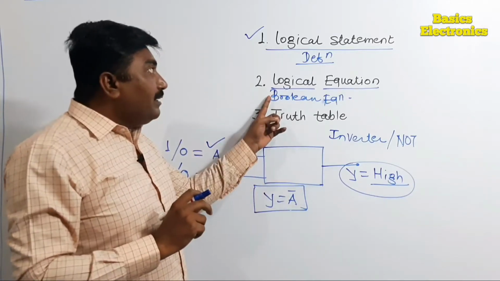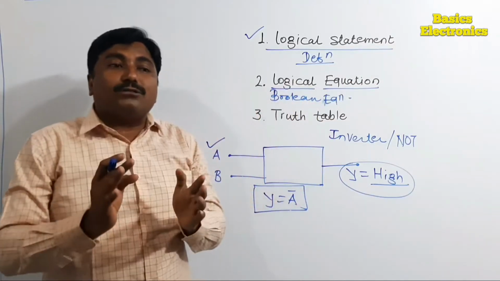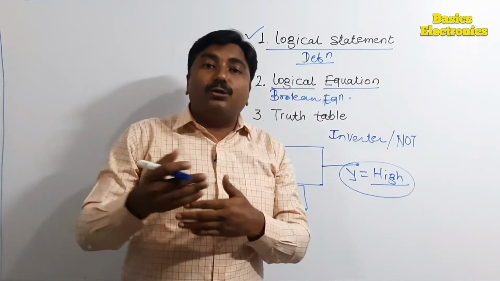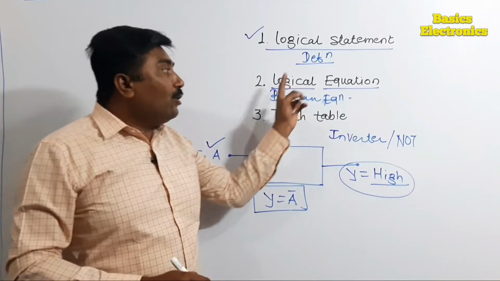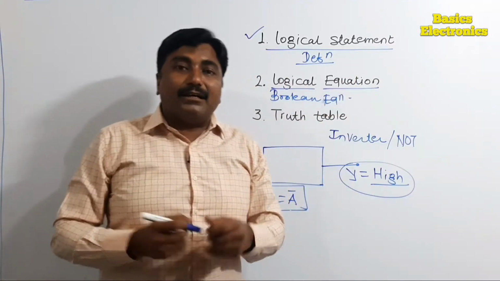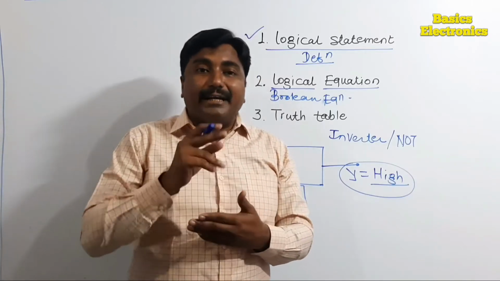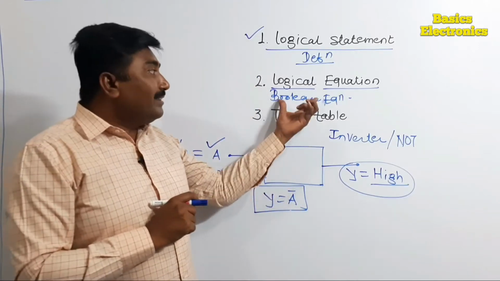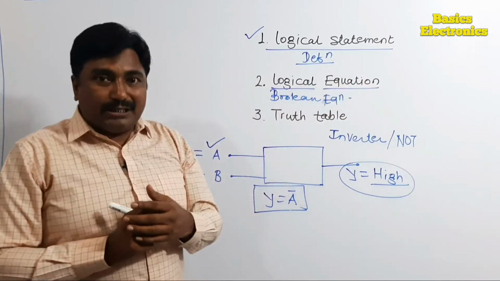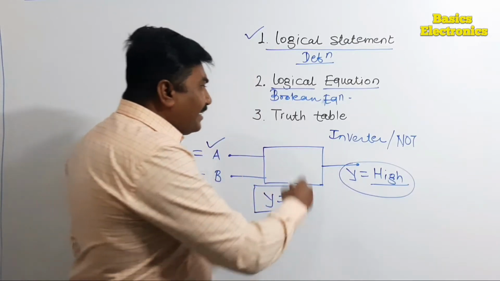So the logical statement is the definition which gives us the condition for the output of any kind of logic gate, and the logical equation gives the idea about what type of mathematical output we are getting. So this is what we call the logical equation. One important term is there now. What is that term?